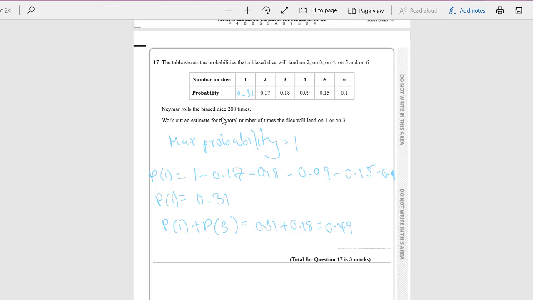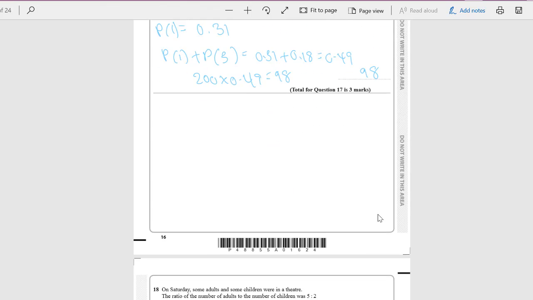So it's rolled 200 times. So 200 times 0.49 gives us 98. So the estimated total number of times dice will land on 1 or 3 is 98 out of 200.